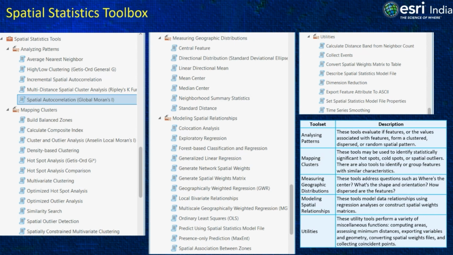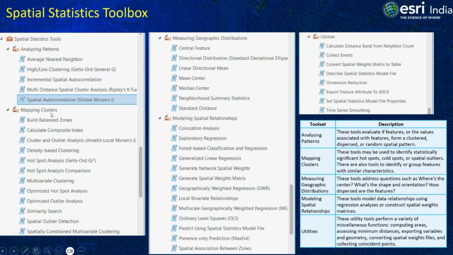So this is our spatial statistics toolbox, which has 5 different toolsets under it. If you have a data set and you would like to quickly evaluate, is there a pattern or not in my data set, then you will use the analyzing patterns toolset. If you're looking for identifying hotspots, cold spots, outliers, then you will be using the tools under mapping clusters.